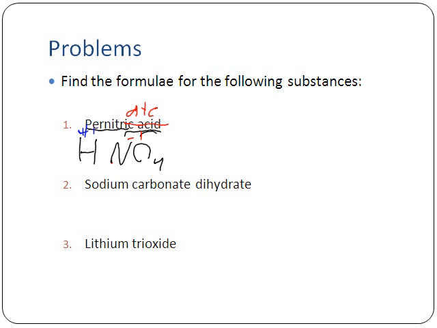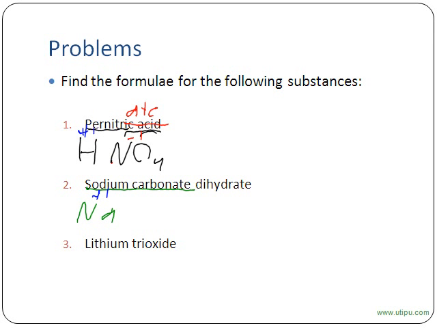Our next one, sodium carbonate dihydrate. The first step is to name the first part of this molecule, the sodium carbonate right here. Sodium is Na. If we look at sodium on the periodic table, we see it only has one possible valence, +1. So we can start off by saying this is +1 for balancing reasons. The next part here is carbonate. Carbonate ends in ate, which tells us it's a polyatomic ion.